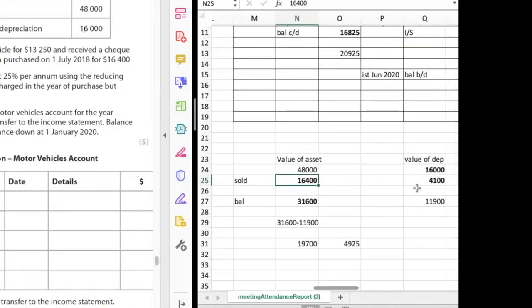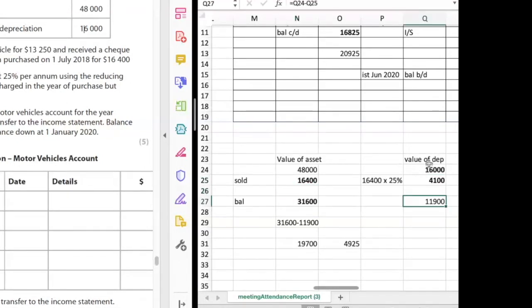And we find that the value of the depreciation of the asset sold was 4,100. How did we calculate it? I'll do it one more time. 16,400 times 25%. This will give you 4,100. So this value will come over here.